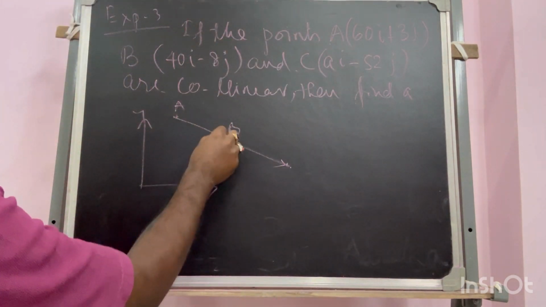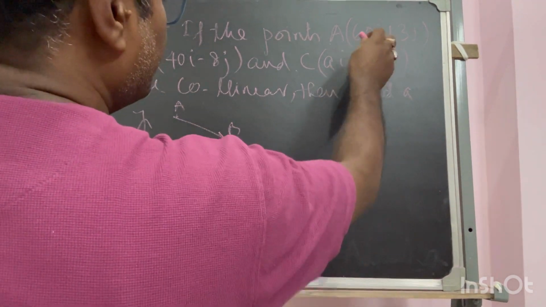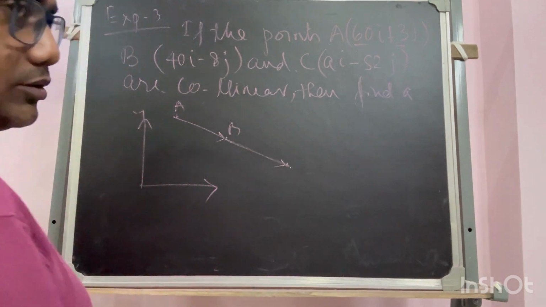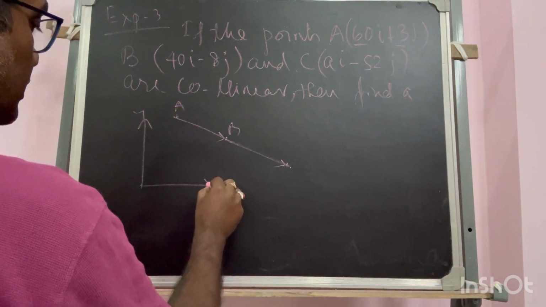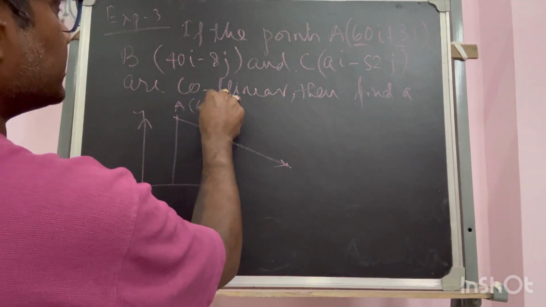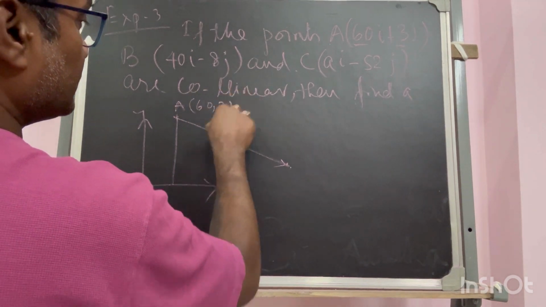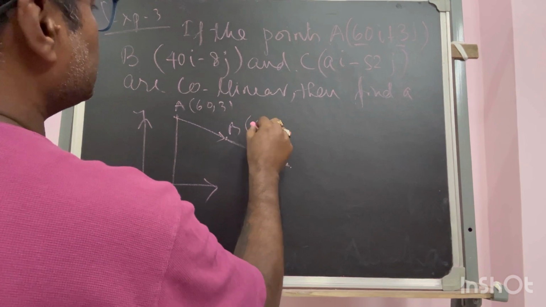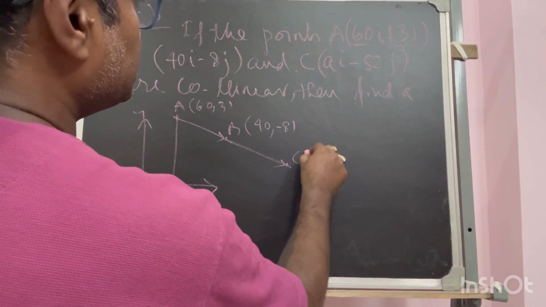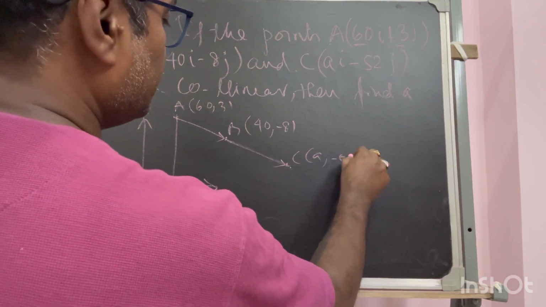In that case, the slope will be the same. This is the x component, this is the y component. Graphically, A is the coordinate 60, 3. For B it is 40, minus 8, and C is a, minus 52.